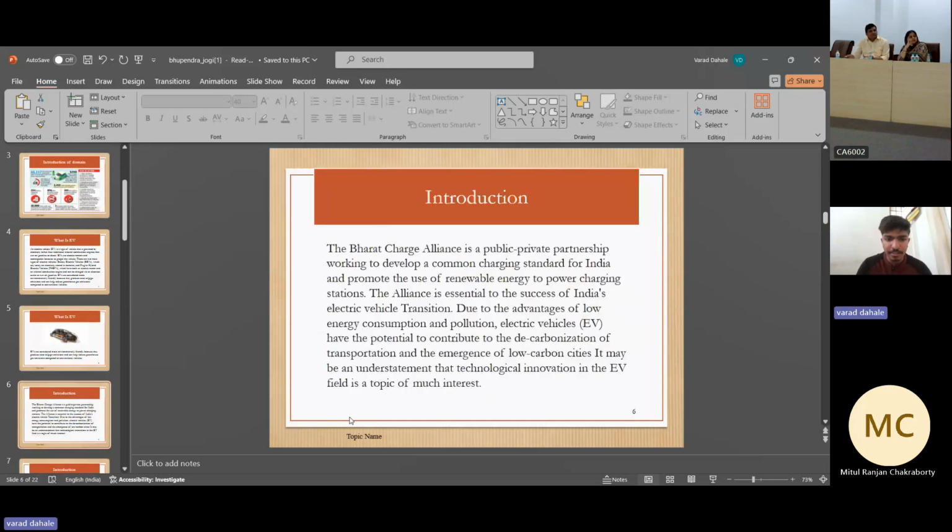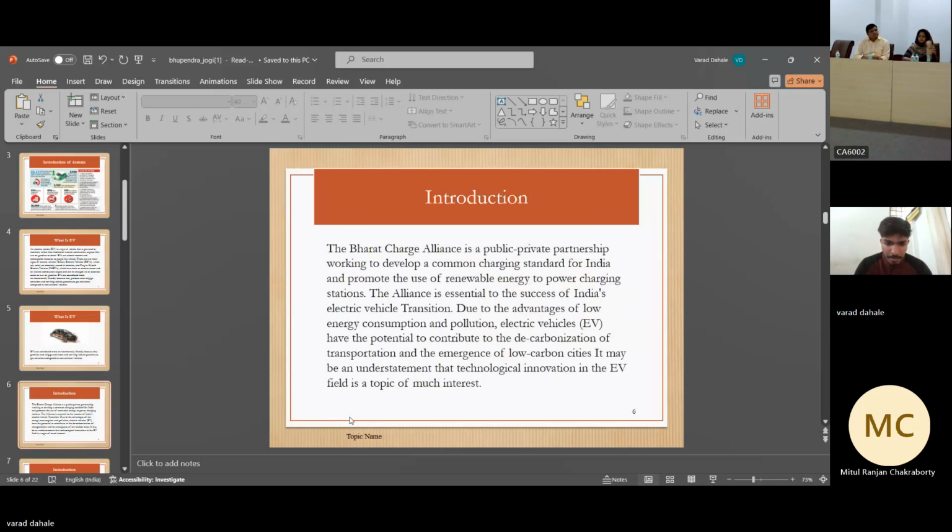Sir, here is the introduction. The Bharat Charge Alliance is a public-private partnership working to develop a common charging standard for India and promote the use of renewable energy to power charging stations. The alliance is essential to the success of India's electric vehicle transition. Due to the advantages of low energy consumption and pollution, electric vehicles have the potential to contribute to the decarbonization of transportation and the emergence of low carbon cities.